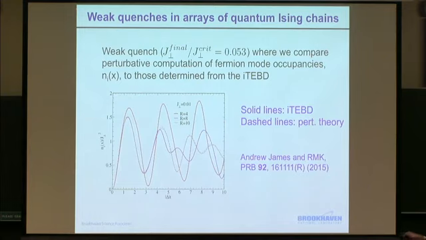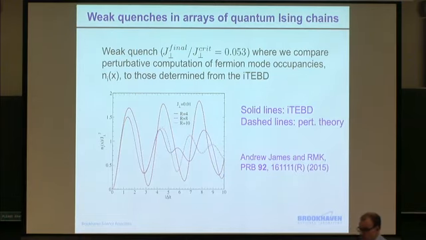The solid lines are the results of the ITEBD, and the dashed lines are the results of the perturbative calculation using this unitary perturbation theory that avoids secular terms. In short, we see good agreement between the perturbation theory and the ITEBD. So that means that at least in some sense our ITEBD algorithm is working.